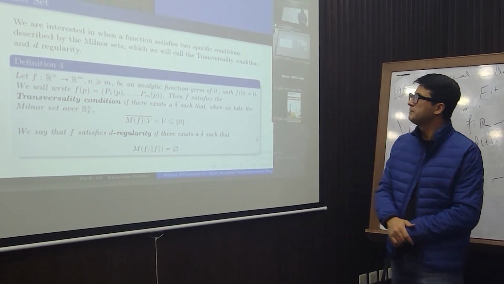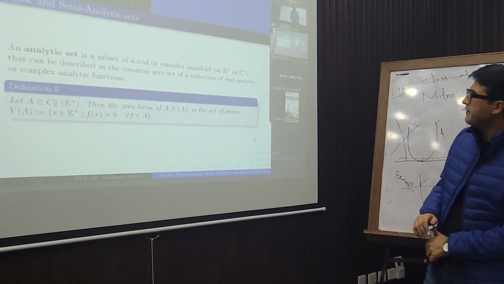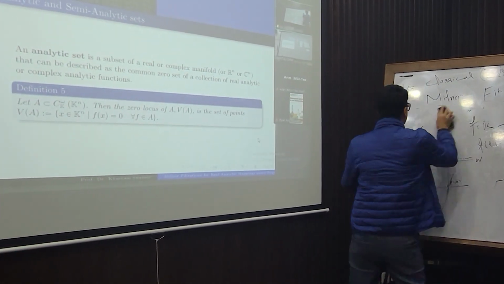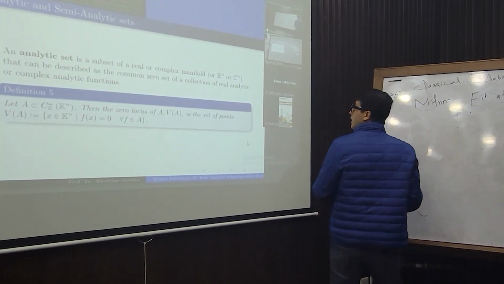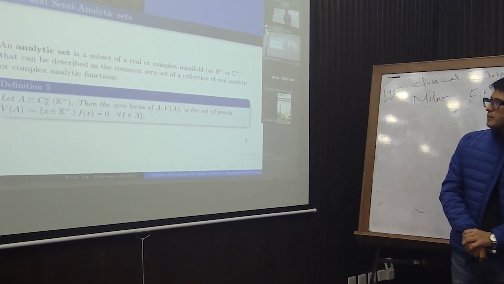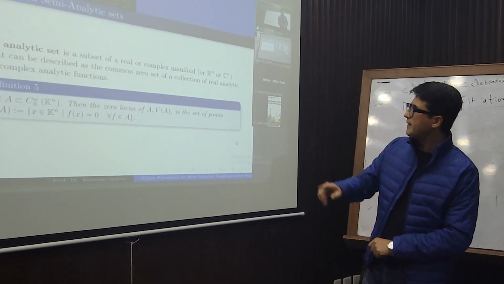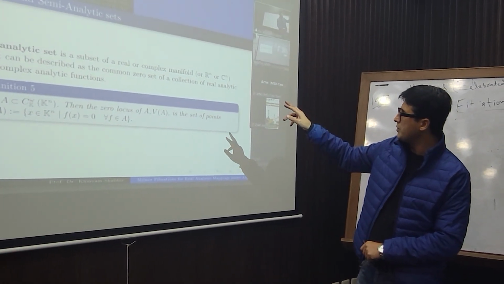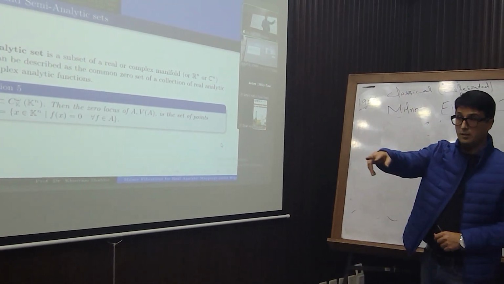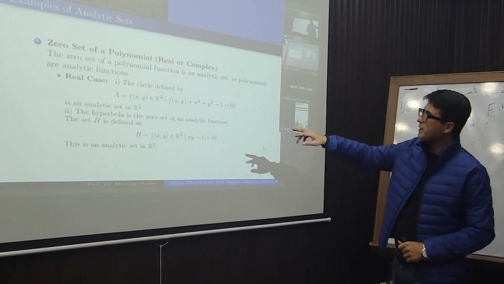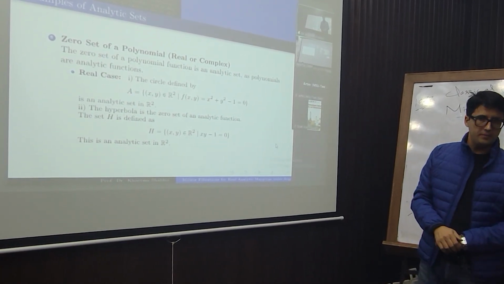Next is about the analytic sets and the semi-analytic sets. An analytic set is a subset of a real or complex manifold that can be described as the solution set of real analytic maps. For example, here you can see an example of a real analytic map.